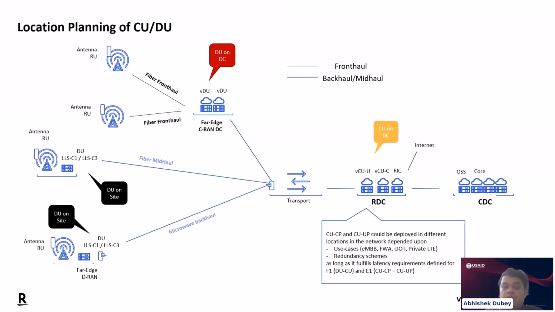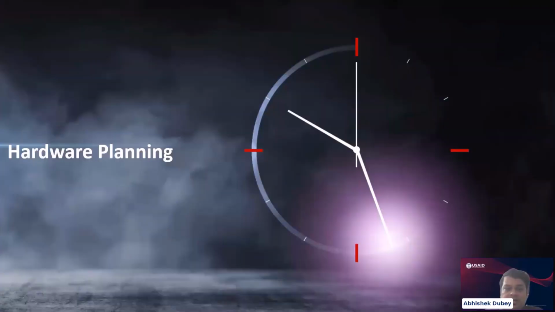So you don't need to deploy any separate aggregator or ASR router or any timing clock. The DU is self-sufficient to provide timing as well as routing. So that you need to plan. These are the overall picture of how you are going to plan your DUs once you plan the transport. Let's move to the next part, that is the hardware planning.